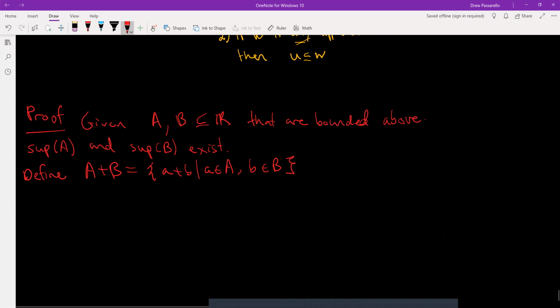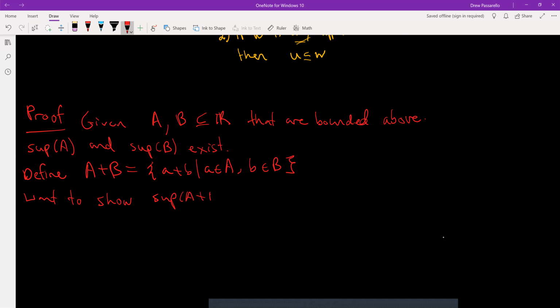All right, so we wish to show the supremum of this set that we just defined is equal to the sum of the suprema of the individual sets. So sup of A plus sup of B. And we'll break it up into two cases.